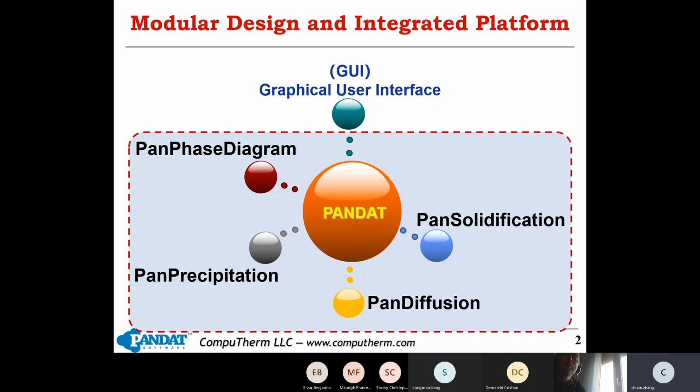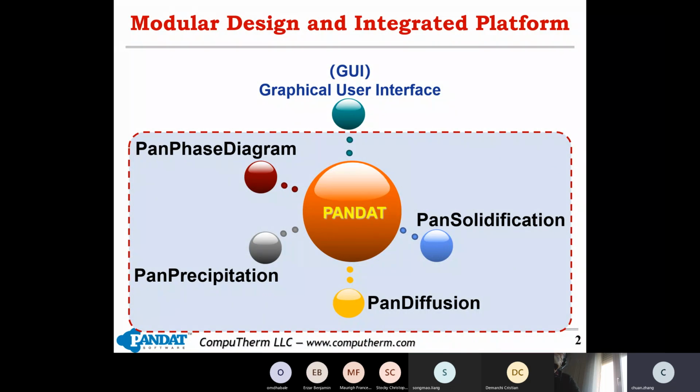First, we have a robust thermodynamic calculation engine, which ensures accurate results. We also have a unified graphical user interface and a flexible post-calculation result editing function. All these functions make our software powerful and user-friendly.